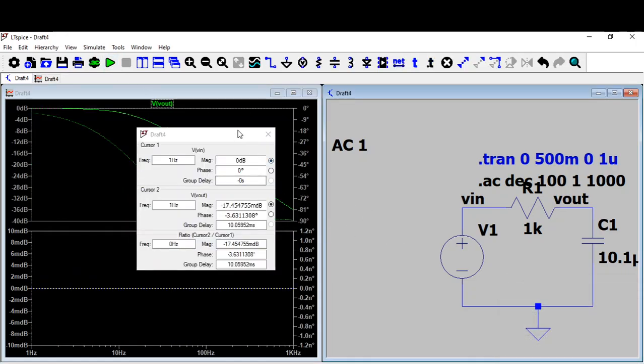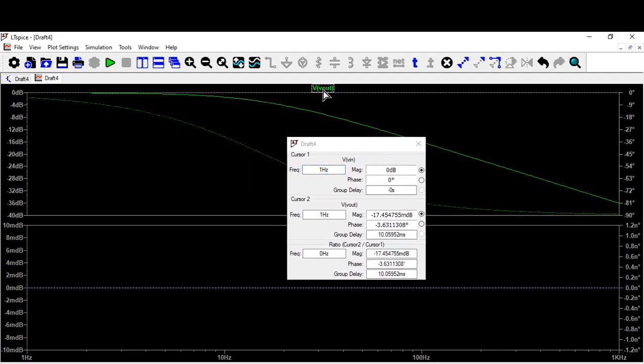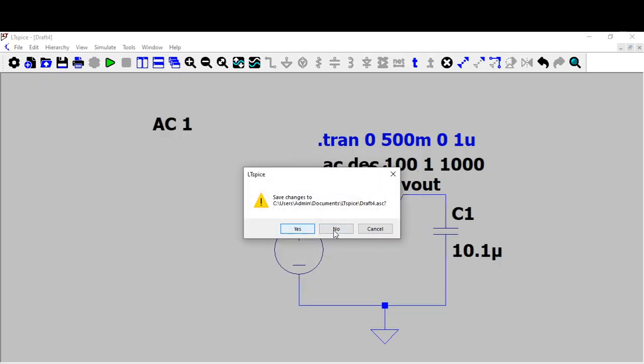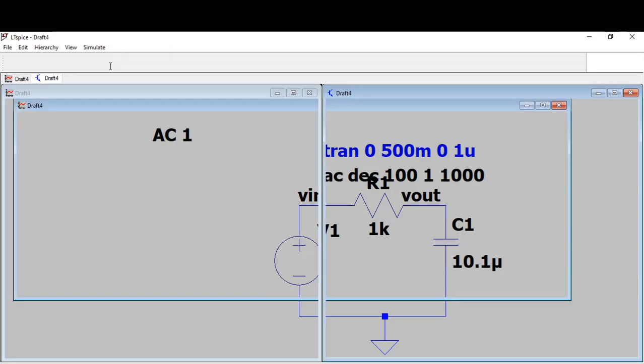Now when I'm running, can you see this is the magnitude and the phase? Let me take this out. Okay, cancel. Let me run again.